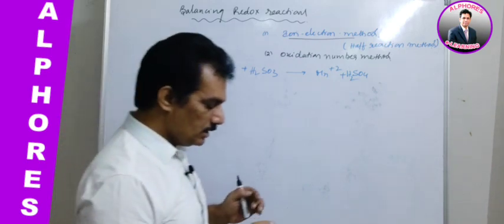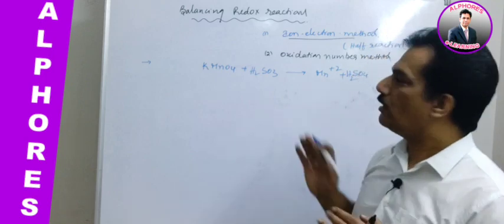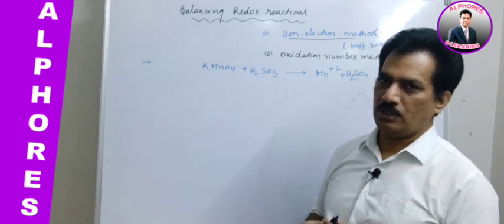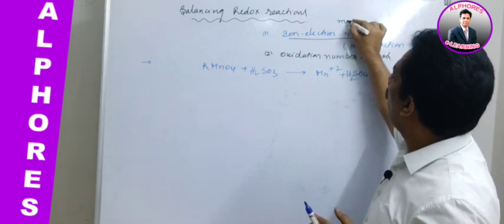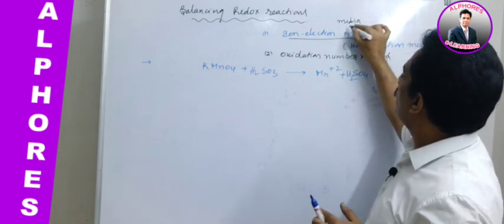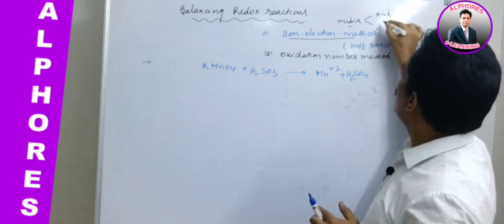My dear students, remember, when we are balancing the redox reactions by the ion electron method, we have to observe the medium in which we are balancing the equation, whether it is acid medium or basic medium. Why?